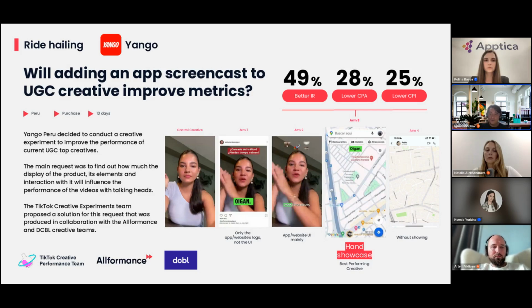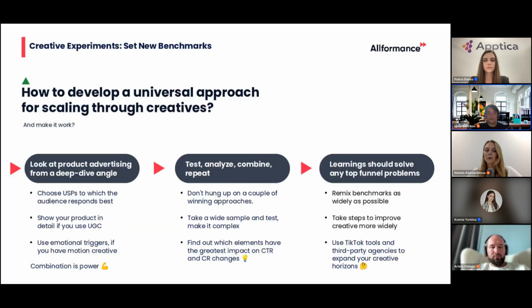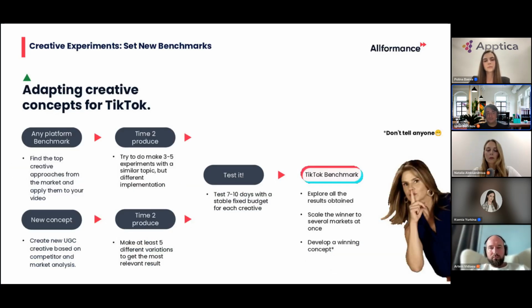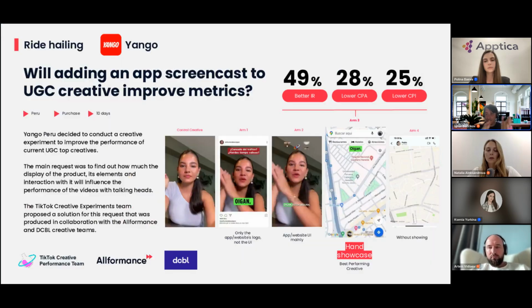So, in short, if you want to manage some complexity with your creatives, choose 3 simple steps. Make the whole, as I mentioned previously, universal approach for each of your products, for each of your campaigns. Then adapt creatives for TikTok. Then test it and get better results.